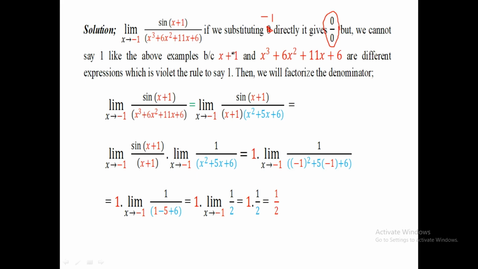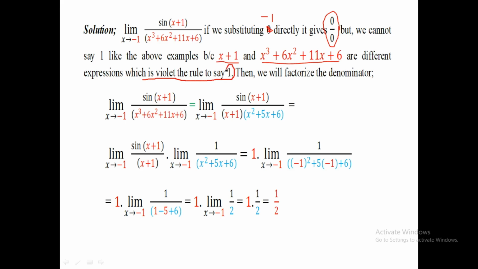But we cannot say 1 like the above examples, because the expression within the sine, which is x plus 1, and the expression at the denominator, x cubed plus 6x squared plus 11x plus 6, are different expressions, which violates the rule to say 1.